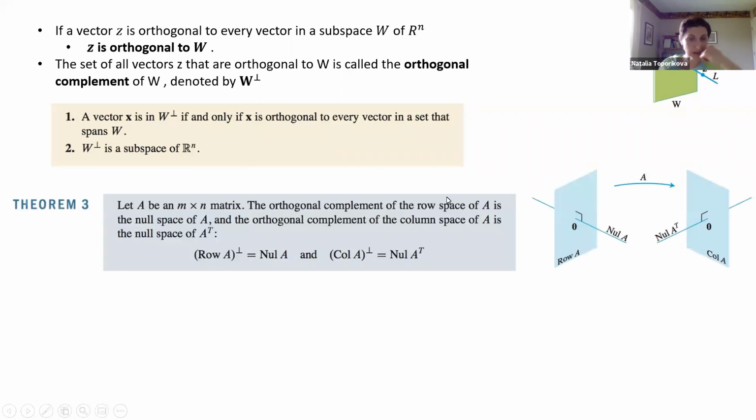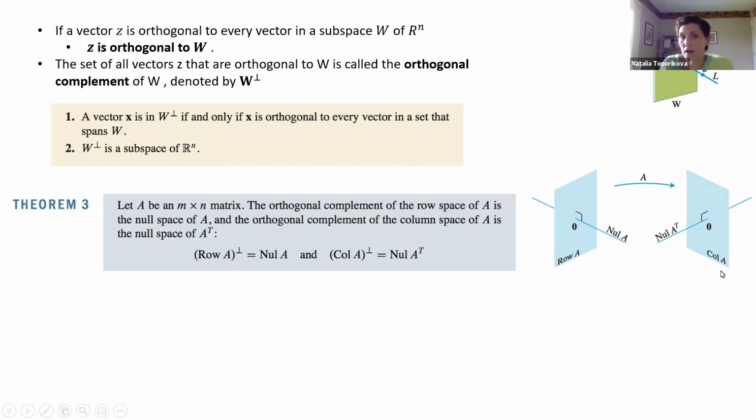One of the important outcomes of these findings is that we finally can take a new look at the row space, column space, and null space of a matrix, because the null space of a matrix happens to be the orthogonal complement of the row space of the same matrix.